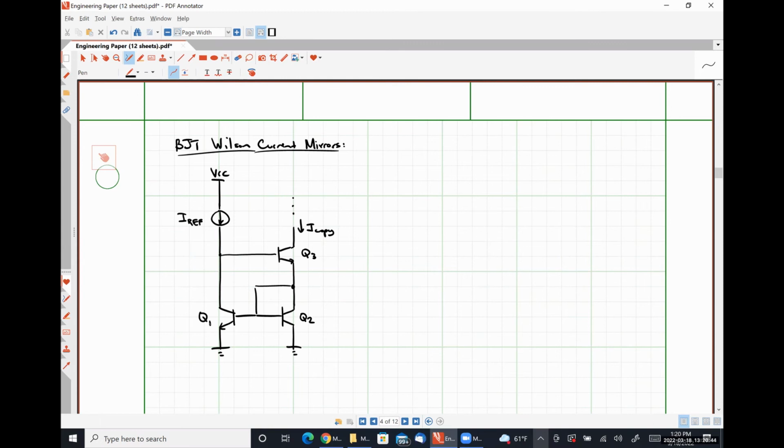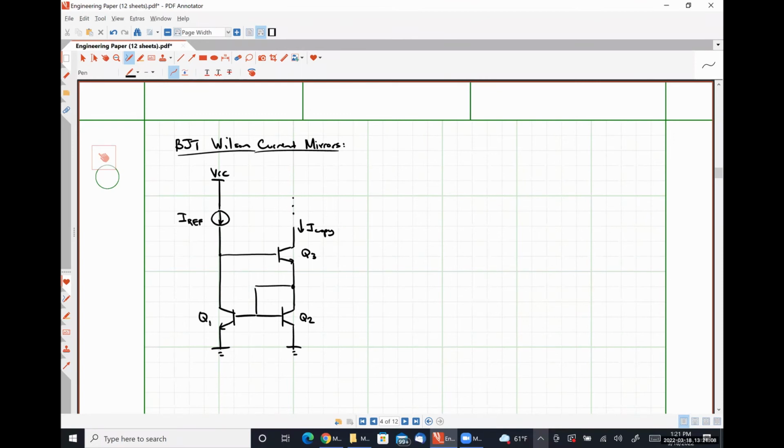So this circuit utilizes negative feedback. We have this reference current supplying the base current, which in turn supplies the current flowing through Q2, which in turn establishes the current that's flowing through Q1, which is subtracted from our reference current. That's why we have a negative feedback configuration.